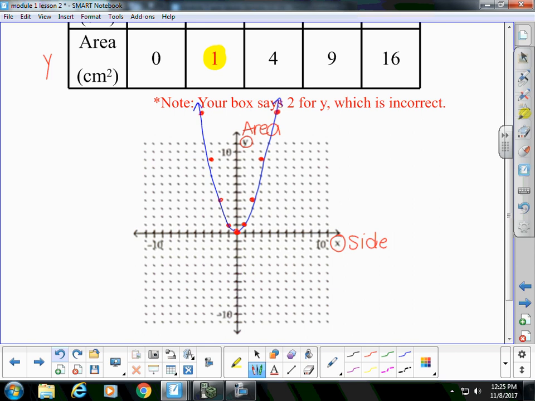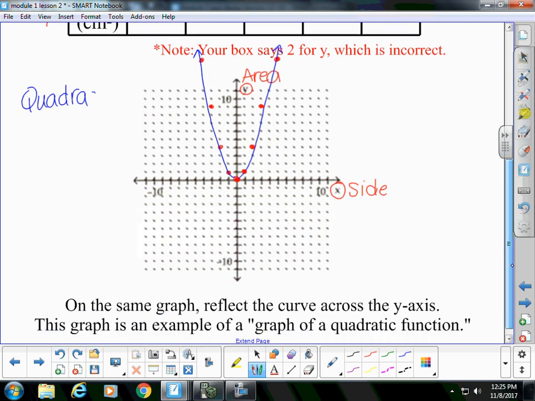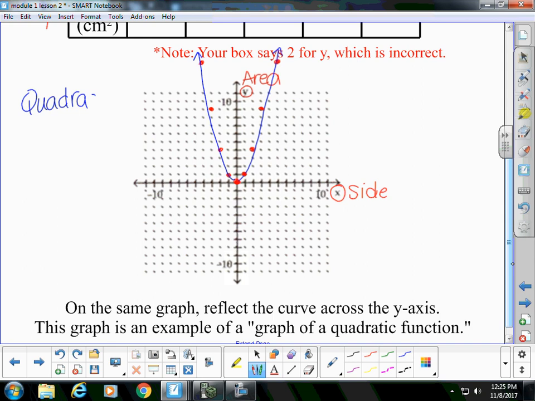And what we get here is called a quadratic graph, or a quadratic function. You looked at those a little bit in the last book.